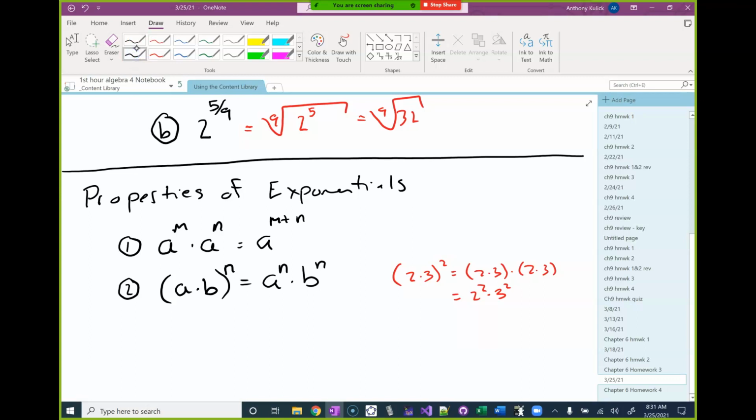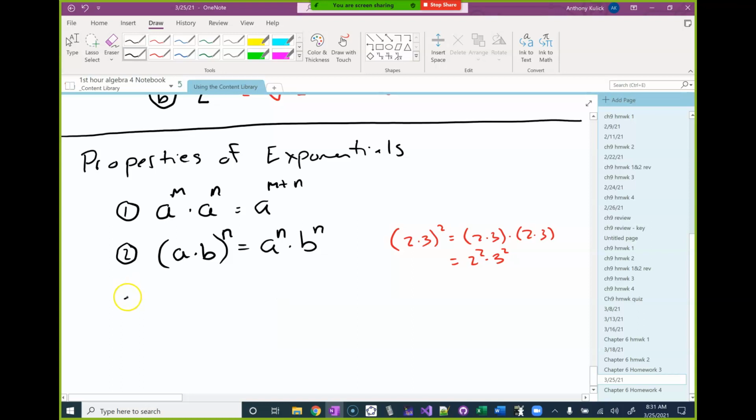So the next one is if we have an exponent of an exponent. In that case, we're going to multiply the exponents. So if I do that, just to show you why it's true, if I have 2 squared to the third, that means I have 3 2 squareds.